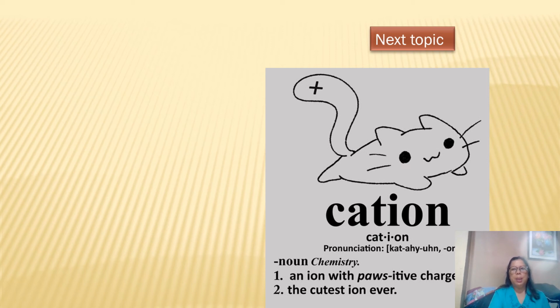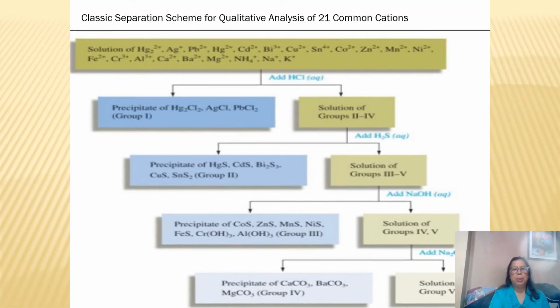Then our next topic is actually cations, and that will be already for next meeting. However, I would like you to give some preliminary discussion as to the scheme on the qualitative analysis of the 21 common cations.